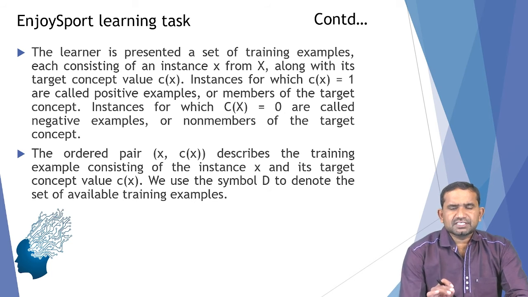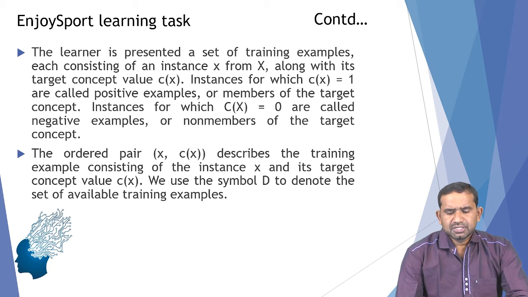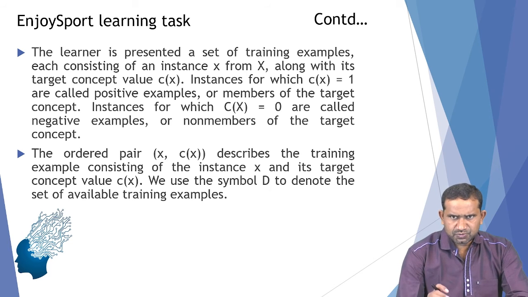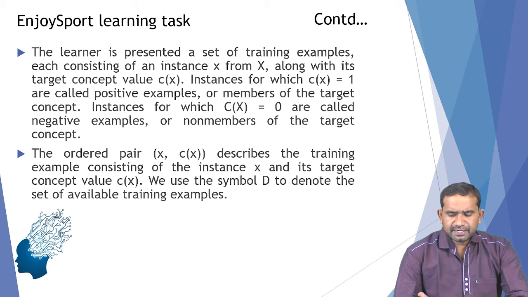Whereas c of x is equal to 1 represents the positive examples or members of the target concept, c of x is equal to 0 represents the negative examples or non-members of the target concept.